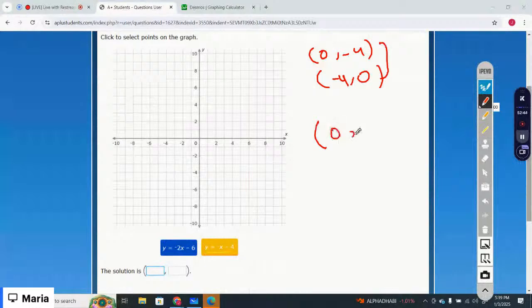And for the second equation, when x is 0, y is negative 6. When y is 0, x is negative 3. So the points are 0, -4 and -4, 0.